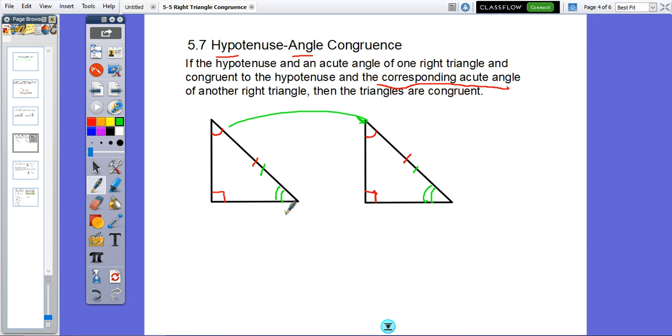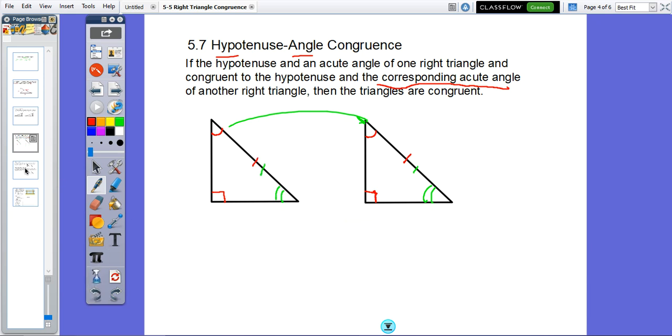So if these two are corresponding to each other, and these two. Where we can get this wrong, where you might see a wrong version of this, is if they tell you, let's erase that one right there and put that back on there. They can say, hey, I got a hypotenuse angle with a hypotenuse angle. Not true, because they're not the same angle, so this will be wrong. So we got to look at it the old way, like that.